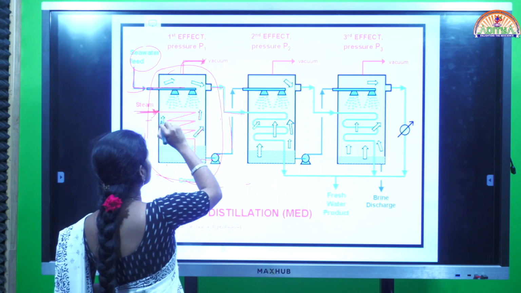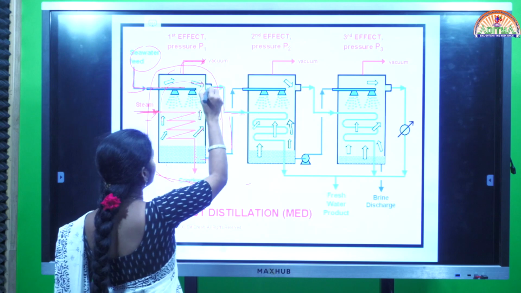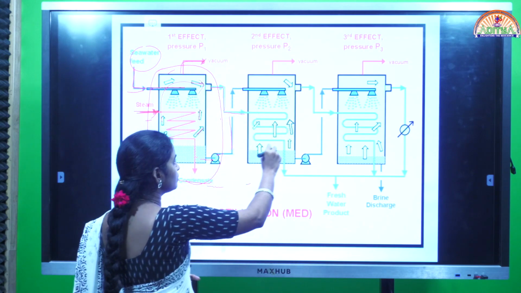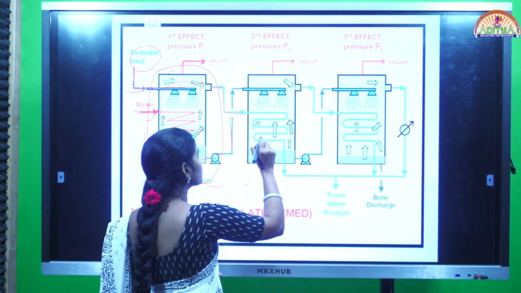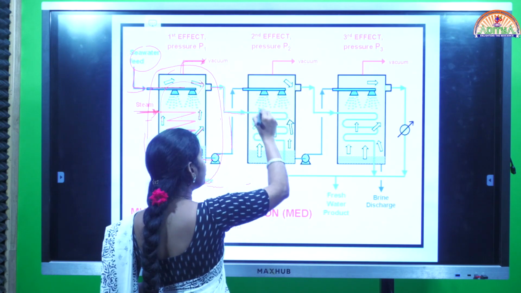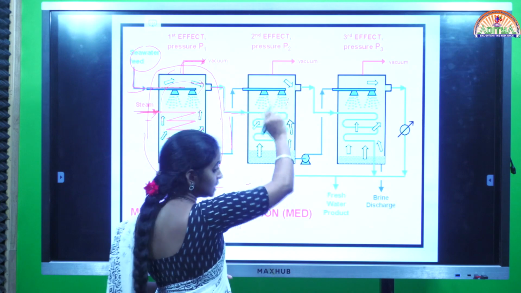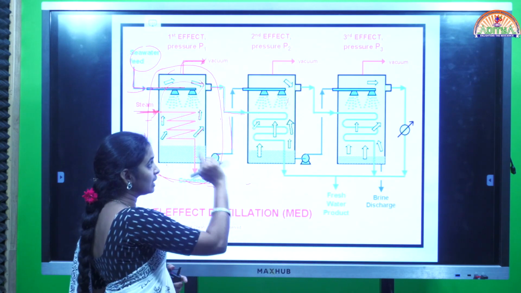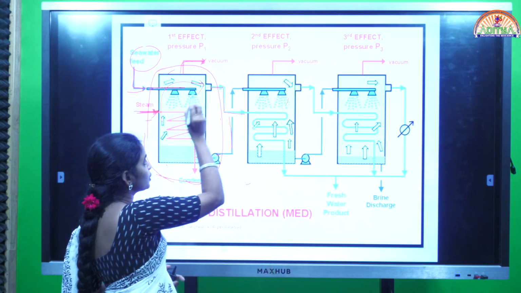Can you see the vapors here? The vapors will be moved into the second still. So these vapors, nothing but this steam, help in the heating of the water present in the second still. So in the second still also boiling occurs with the help of the steam produced in the first still.